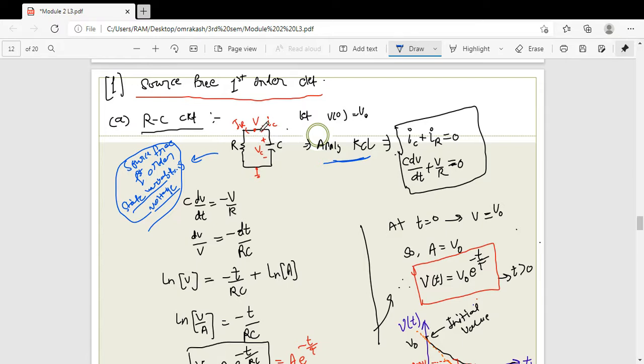It means the current is dividing here. We have to apply the KCL here by taking one node as a reference. So IR is the current flowing through this resistance, and IC is the current flowing through this capacitor. And note that this is a parallel circuit, right?